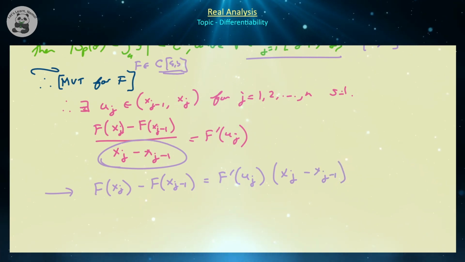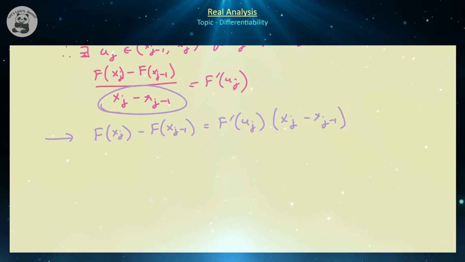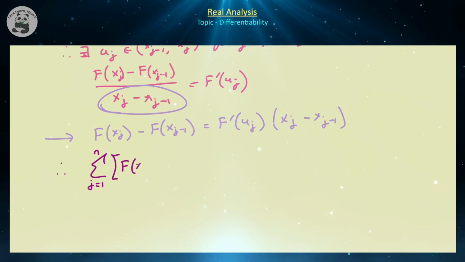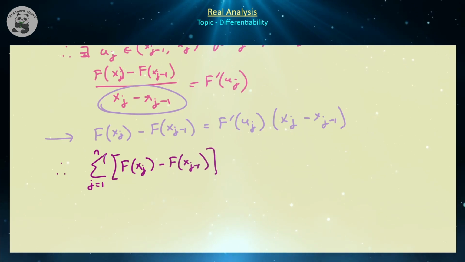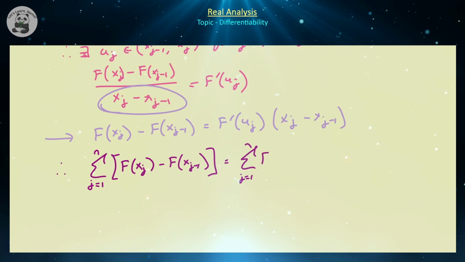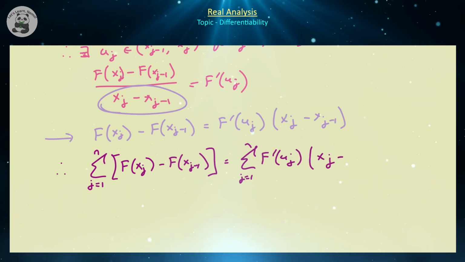And then I'm going to add up from j equals 1 to n both sides of this equation. So I'm going to do this for 1, 2, 3, 4, up to n, and then add all of them up. That gives us the sum from j equals 1 to n of F of x_j minus F of x_{j-1}, and that's going to be equal to the sum from j equals 1 to n of F prime of u_j times (x_j minus x_{j-1}).